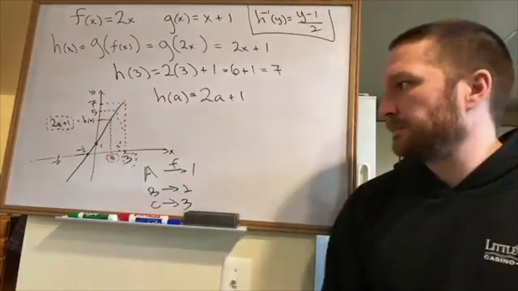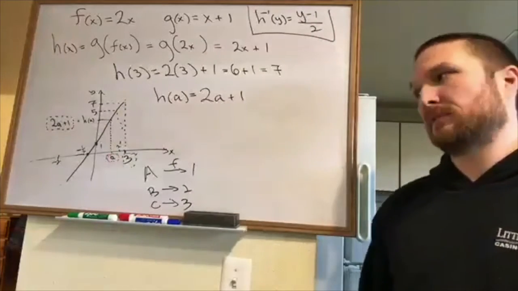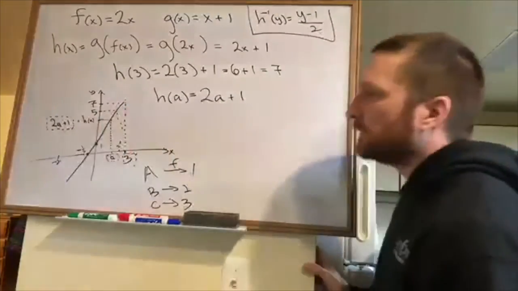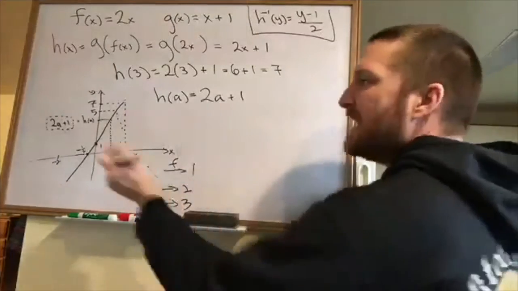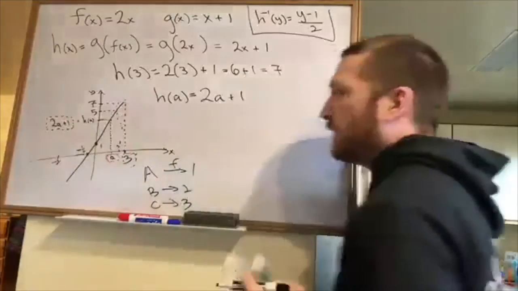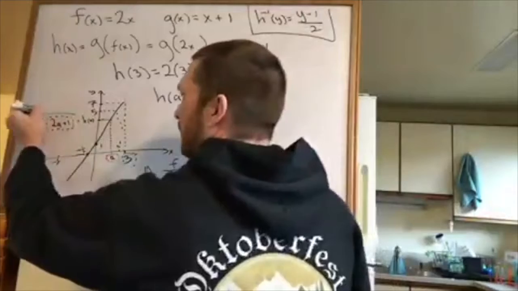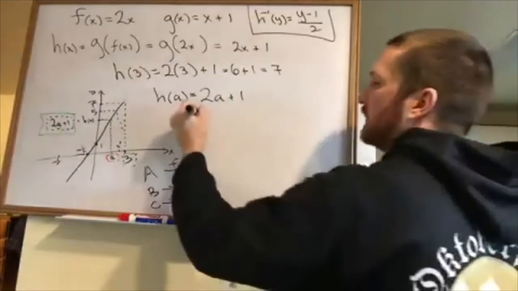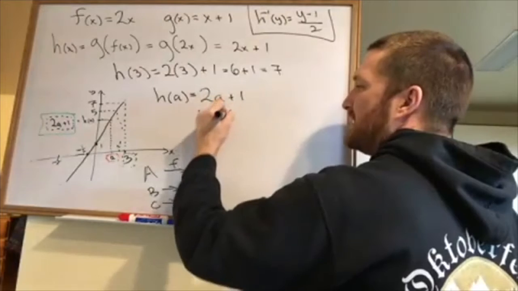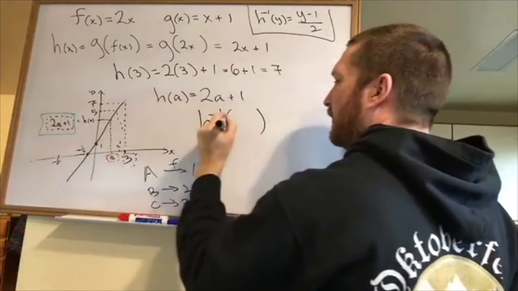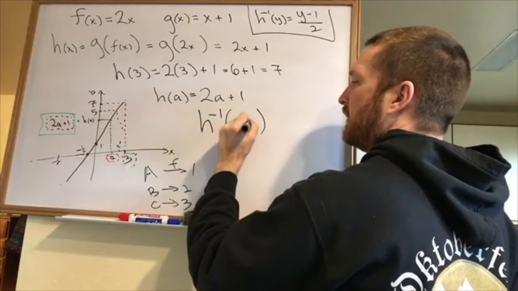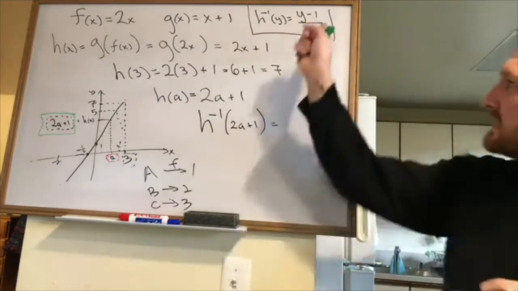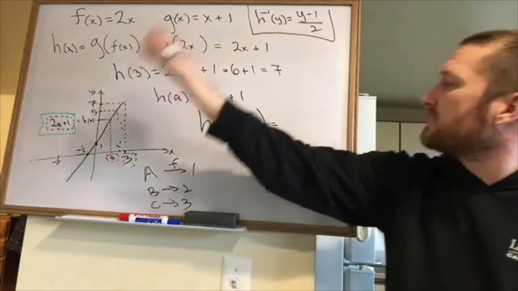What about A? I don't know. Plug in an A, what do we get? Well, 2 times A plus 1. Okay, so let's take that output right there, this guy, whatever he is, and pull him back. And so I'd say, okay, the inverse of that number is 2A plus 1. And then, well, that says to take whatever output it was, minus 1.